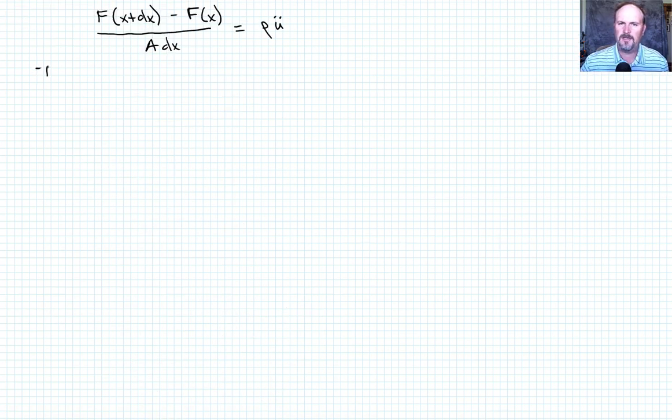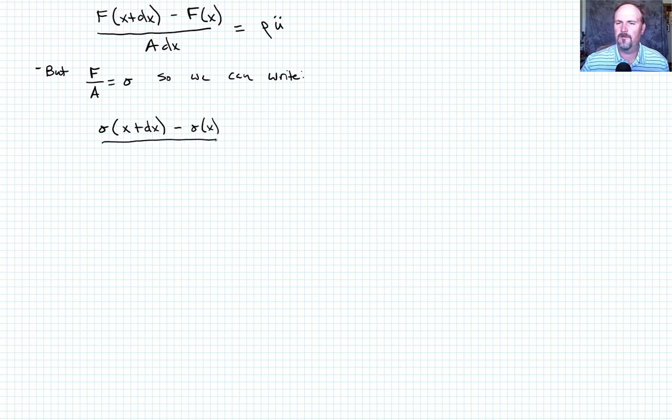But we know that F over A is just equal to the stress sigma, so we can write that sigma of x plus dx minus sigma of x divided by dx is equal to rho u double dot.